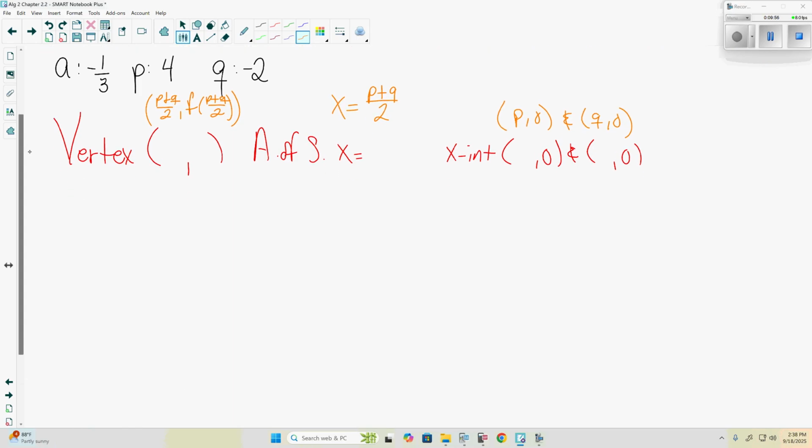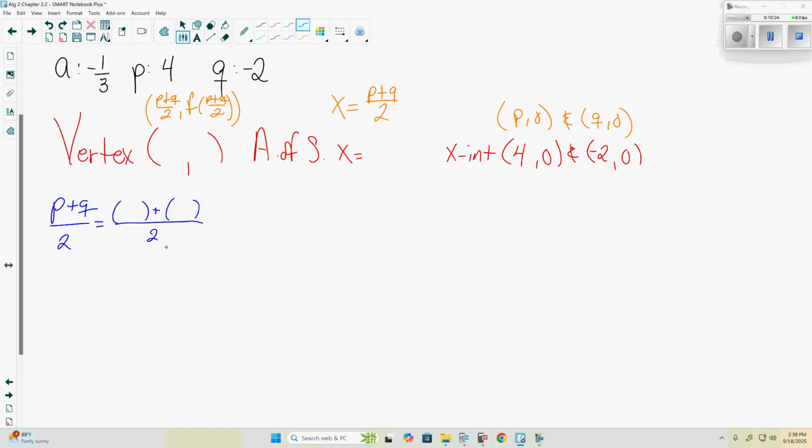So the first thing we can find are the x-intercepts, because what's our value of p? Yeah, 4, Q is negative 2. So we can plug those in. So we get the points 4, 0 and negative 2, 0 as our x-intercepts. Now the first real thing we actually have to calculate is p plus q over 2.